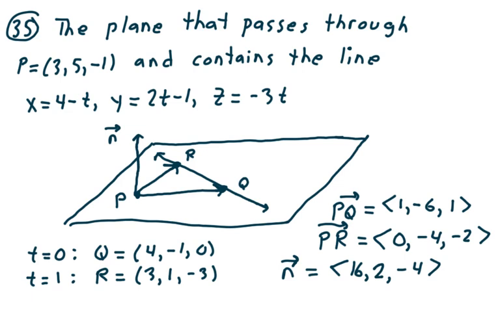So in other words, the plane must contain the points Q and R. And so what we've done is reduce this to the following. So instead of finding the equation of a plane through a point that contains a line, we are now finding the equation of a plane through 3 points. That's exactly what's going on here.